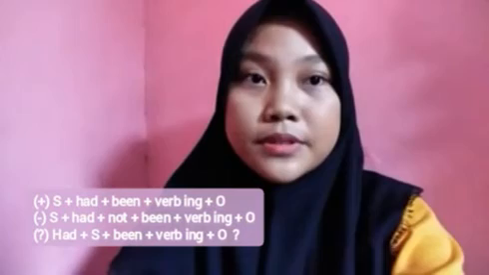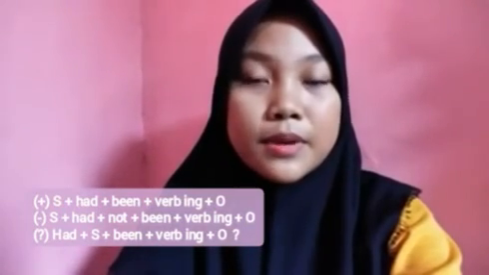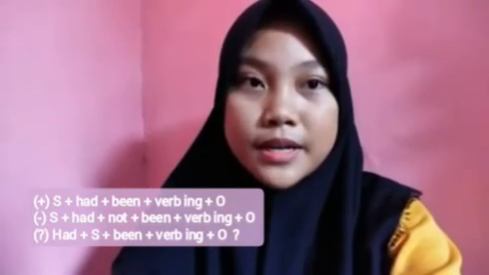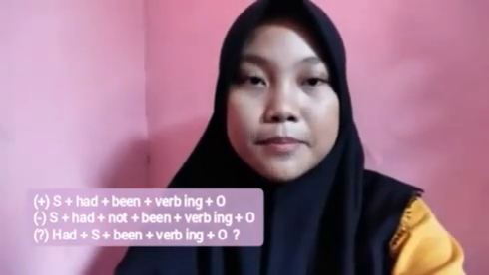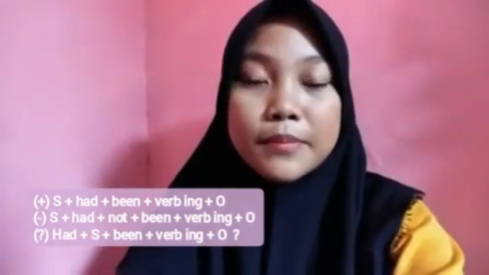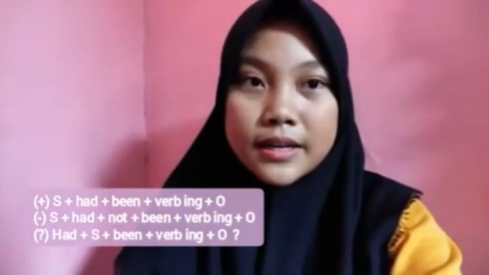Had for all subjects, I, you, they, we, he, she, it. The formula is for positive form, subject plus had plus been plus verb ing and object.